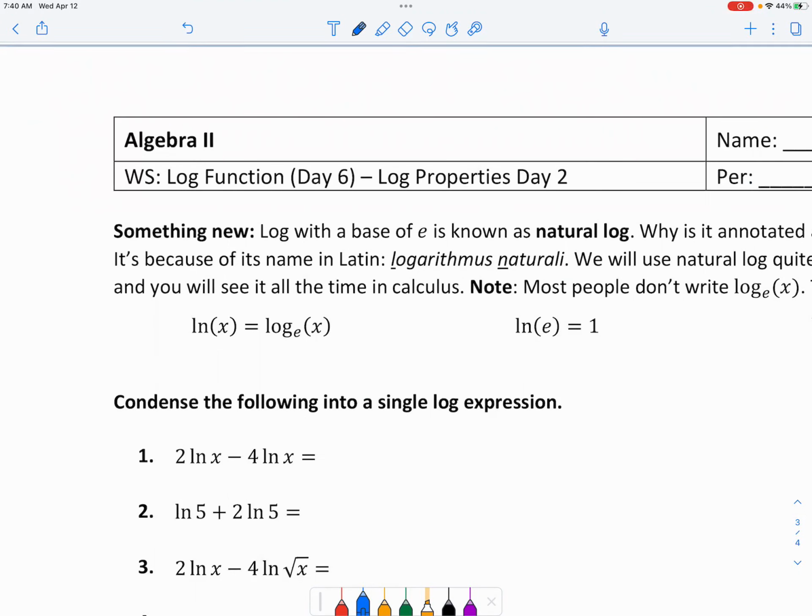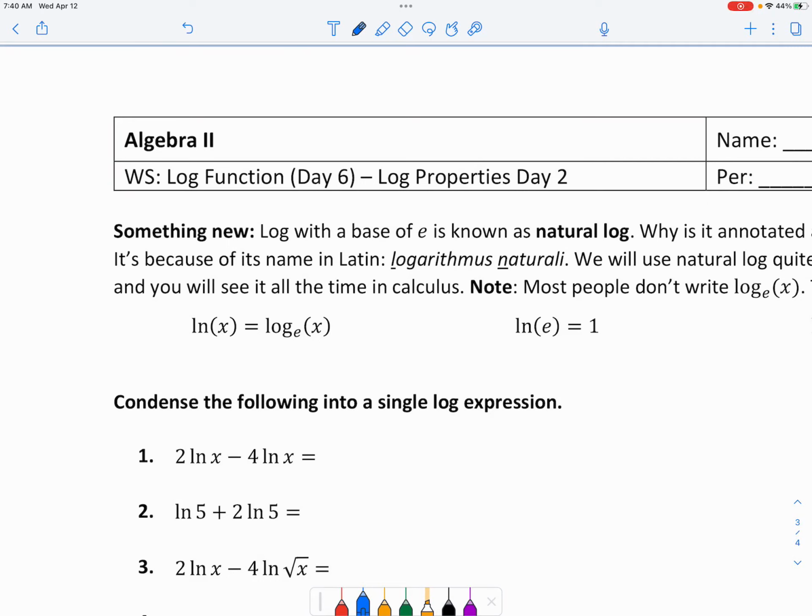I'll tell you this first. LN is something that you will use so much in the future. Not common log, not log of any other base.